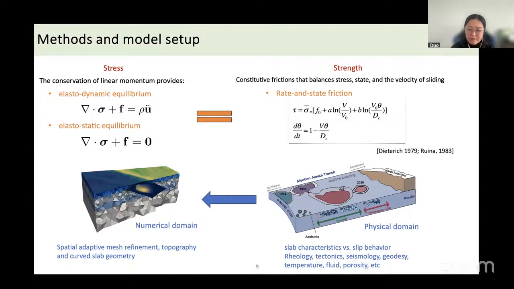In the numerical simulation, we project the physical domain into a numerical domain. So we have to turn the key parameters, like the material rheology, the shear modulus, and some other parameters that may affect the temperature and the fluid evolution in the physical domain, into parameters for each element in the numerical domain.